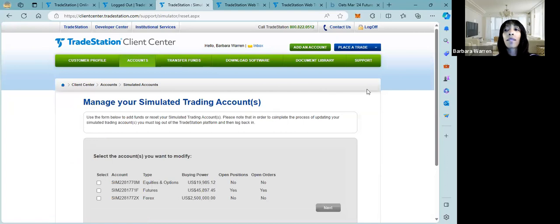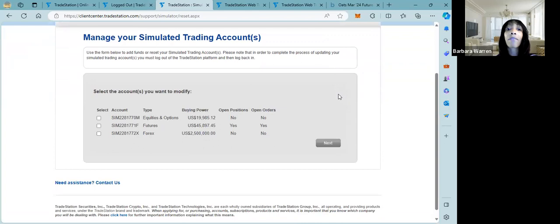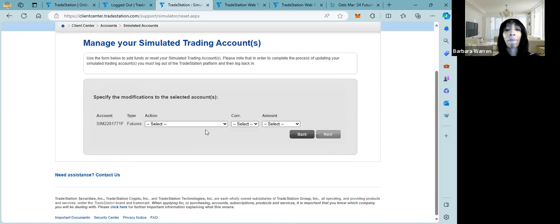And when I do, it lets me know the 3 demo accounts that I have. But for this purpose, we're only going to focus on futures. And so I'm going to check that. And it lets me know my buying power currently. So I'm going to click Next. And when I do, it wants to know, what do I want to do from this point?